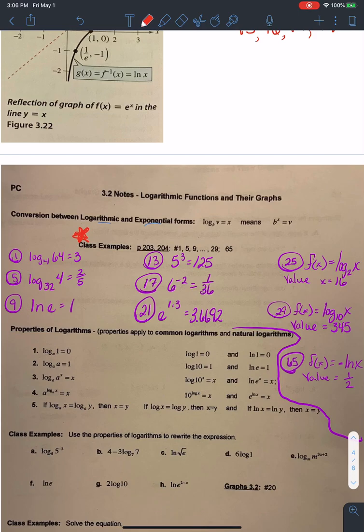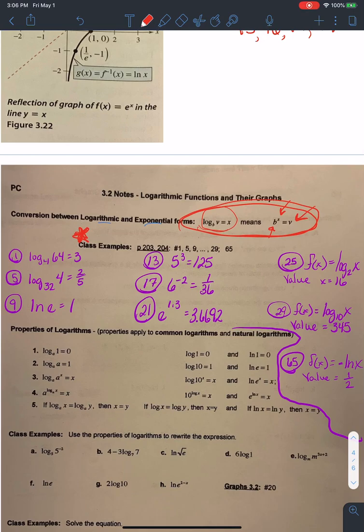Okay, so look, here's that BXV thing I was telling you about. B stands for base, X stands for exponent, V stands for value. And that's how it converts to a logarithm, and we're going to do some of that.